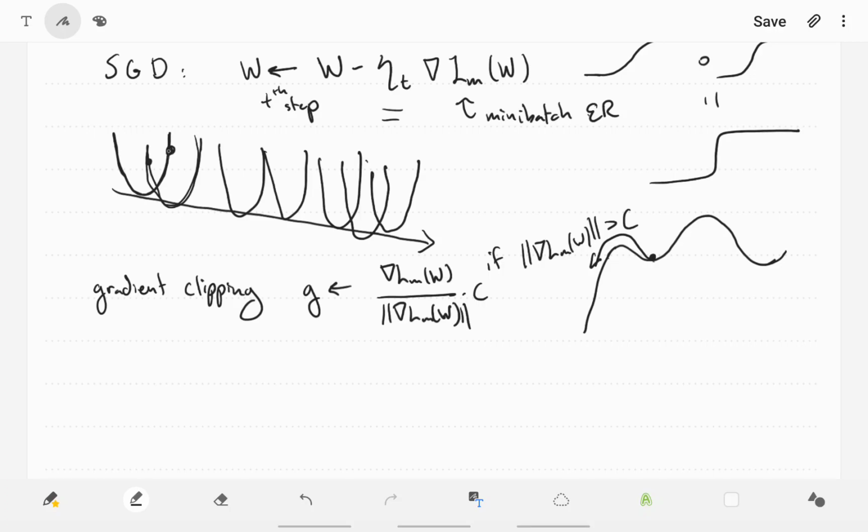If you were at a point here, then you have a very large magnitude for the gradient, so you would jump quite far over into this direction, and then you would see a very large magnitude in the opposite direction. You would jump back here, and you would spend a lot of your energy just jumping back and forth here. And gradient clipping might not really alleviate this problem because the direction in which you're moving is orthogonal really to the direction in which you want to move.